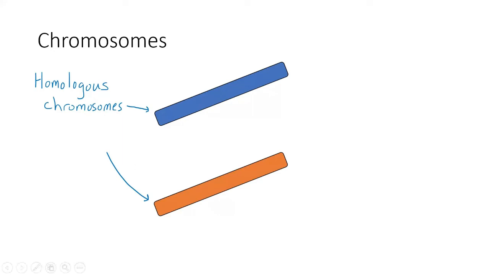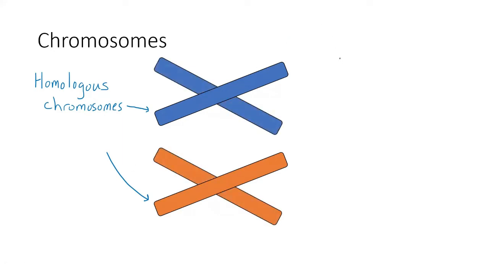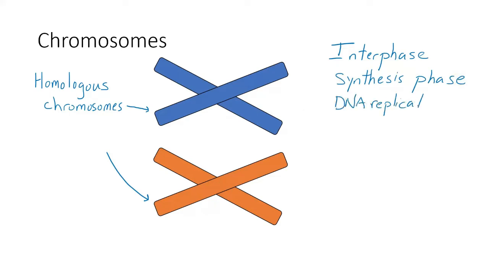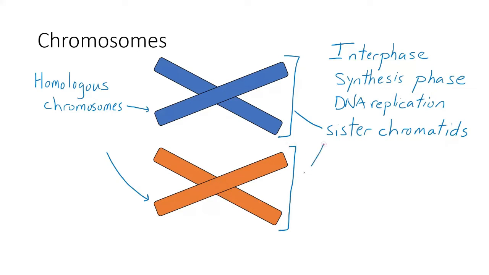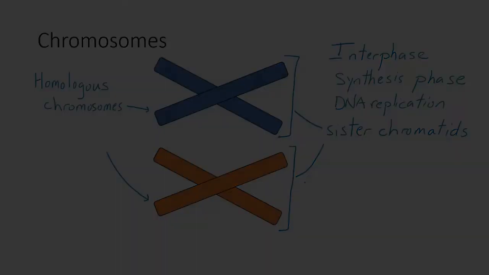But sister chromatids, those are made, remember, during interphase, specifically during the synthesis phase. And that happens when DNA replicates. So there's a bunch of concepts from the past that we've looked at, all coming together here, and that produces these identical sister chromatids. And these down here are also sister chromatids.